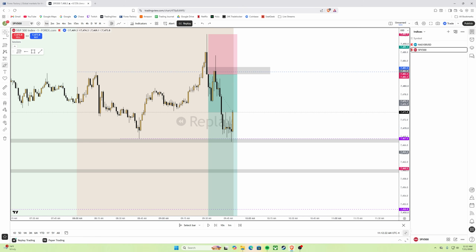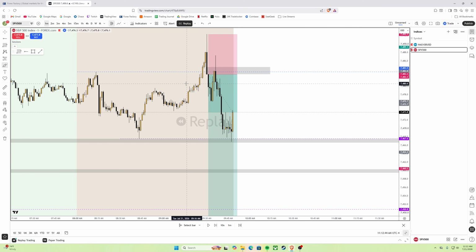Now, normally, with my prior strategy, at this point is when I would roll my stop loss to break even. Why? Because this is the first low that price formed prior to the entry, and then price came down, and with this bearish candle right here, it obviously closed under these lows.